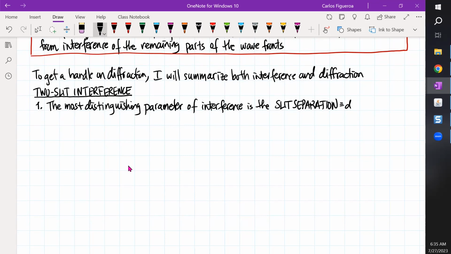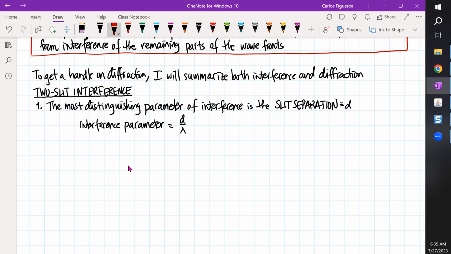In Carlos's language, I essentially said it's the interference parameter. And you could see that the interference parameter, of course, is directly proportional to little d.